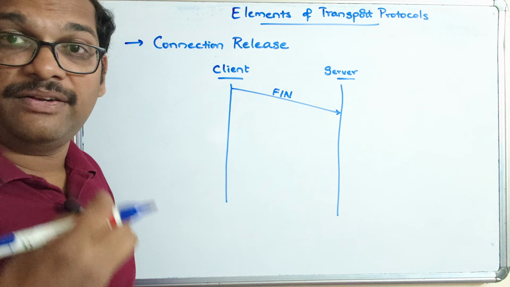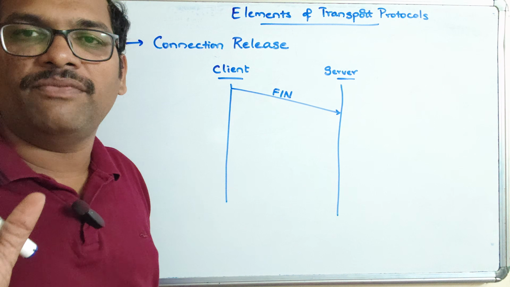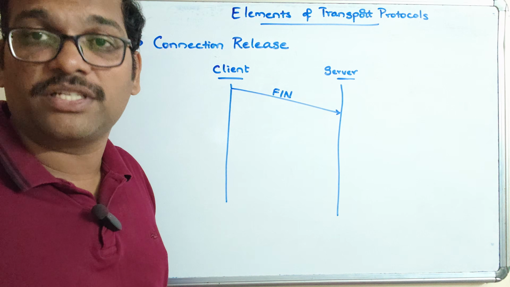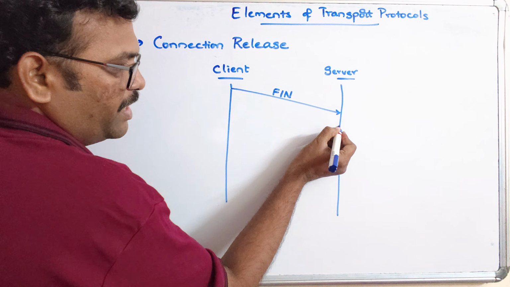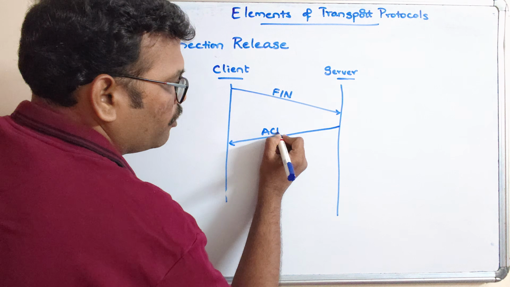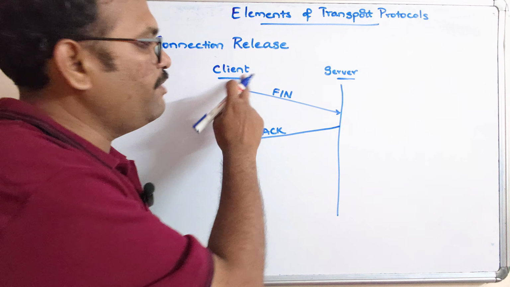So that means a client wants to say to the server that I am done with all my requests. So the communication was done. Okay, about to close. For that, the server will be giving a response, that means acknowledgement, to the message given by the client.